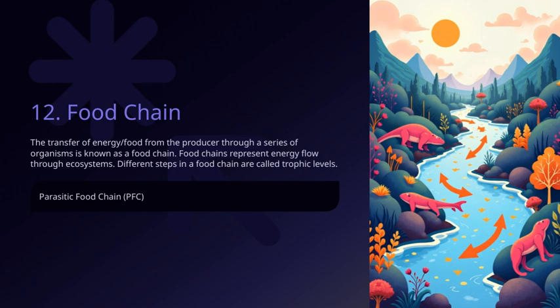Recognizing these levels is crucial because it shows us how energy diminishes as it moves up the chain, impacting the entire ecosystem's stability and health. This concept ties into our overall discussion of ecosystem dynamics and the importance of each organism's role in maintaining balance.